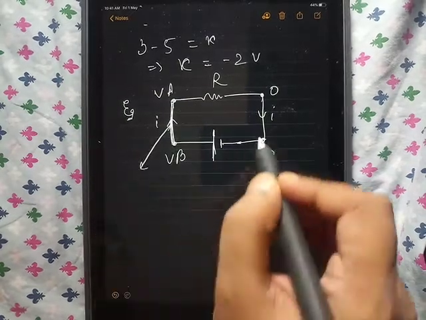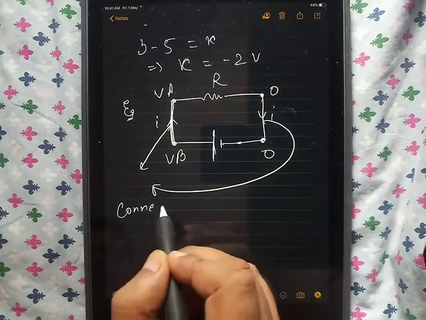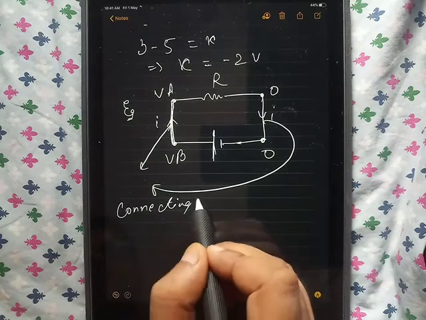connecting wire. These wires are called connecting wires.